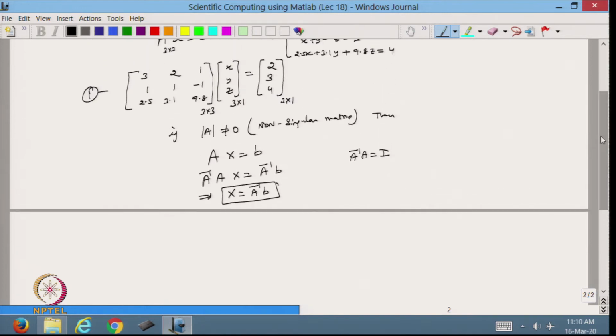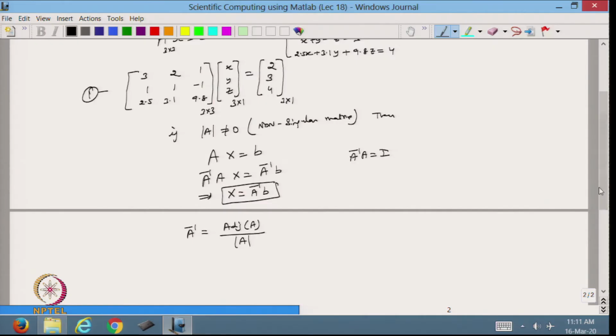So, we also know how to find A inverse: I will find the adjoint of A divided by the determinant. This is the way we generally solve the 3 by 3 system, what we have done at school level.